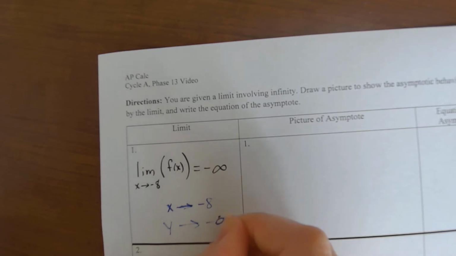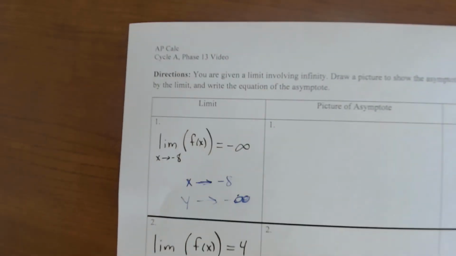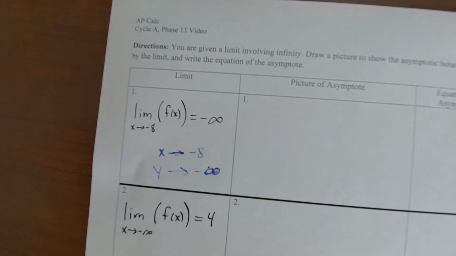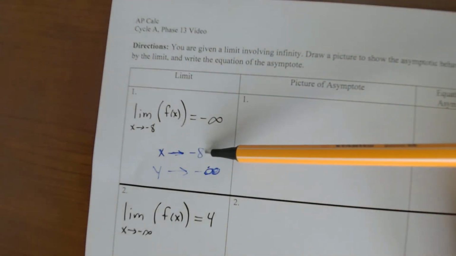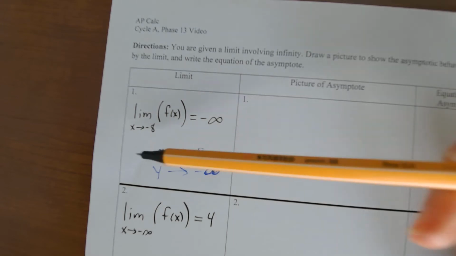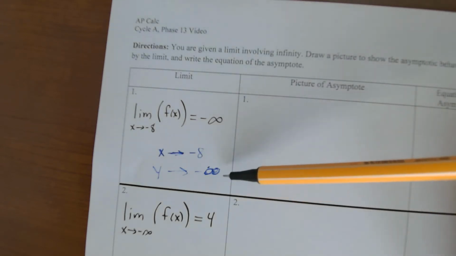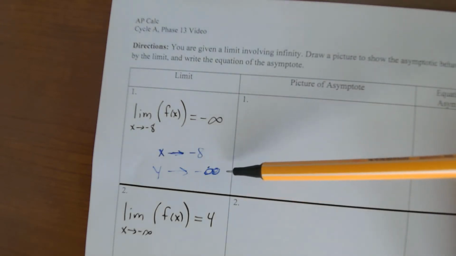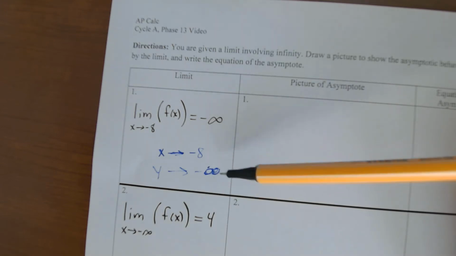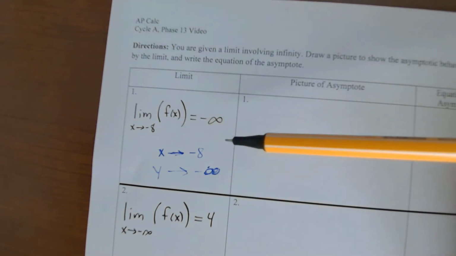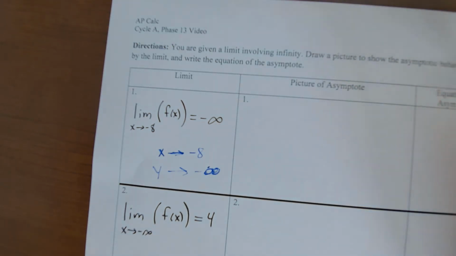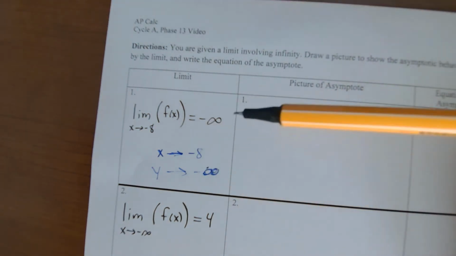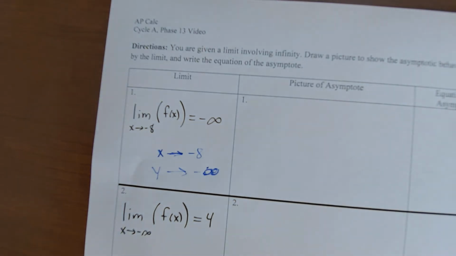Now, guys, you know that you've got an asymptote or some asymptotic behavior when x is approaching a constant and y approaches some type of infinity, or vice versa: when x approaches some type of infinity, positive or negative, and y approaches some constant. If you have either of those cases, you know you've got an asymptote.